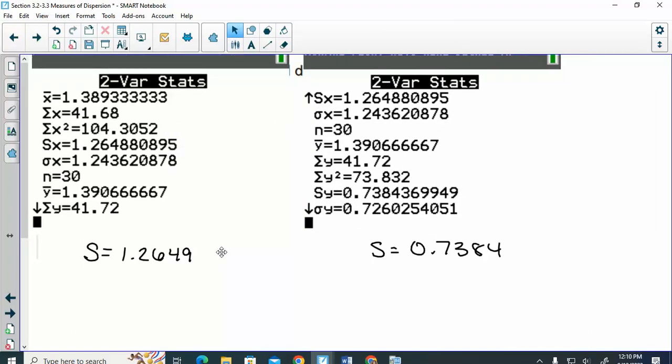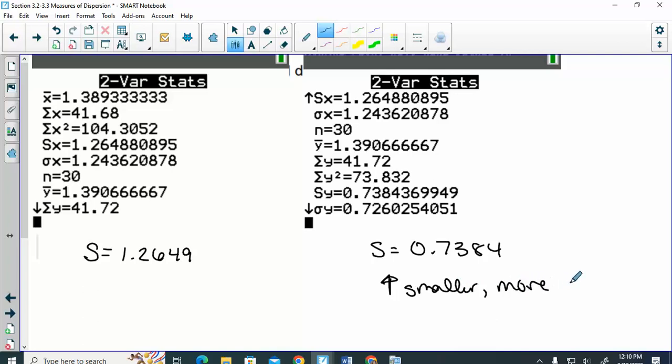Yeah, McDonald's had a higher standard deviation, so their values are more spread out. This is a smaller standard deviation, so that means they are more consistent in the wait times. So if I'm going to pick one to go to, and I know it's about the same average for both, would you want the one that is always roughly about the same amount of wait time, or the one that could be fast or it could be really slow?